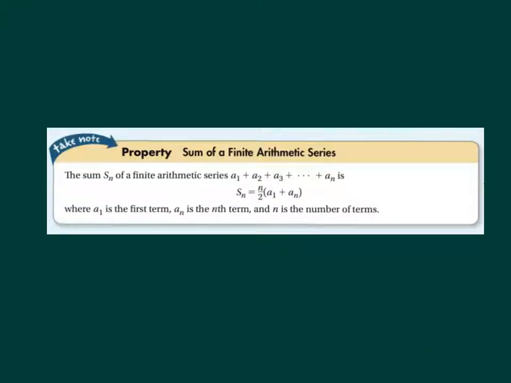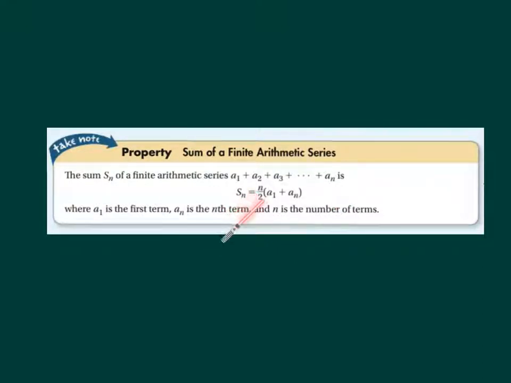So, like the rest of the chapter up to this point, this section has formulas. All right, this one specific formula here. So, the sum, and again we call it Sn, where n is the number of terms. The sum of the first n terms of an arithmetic series is given by this formula right here.